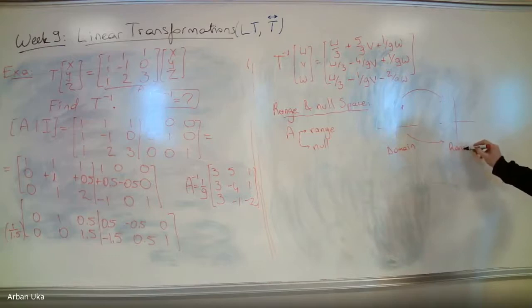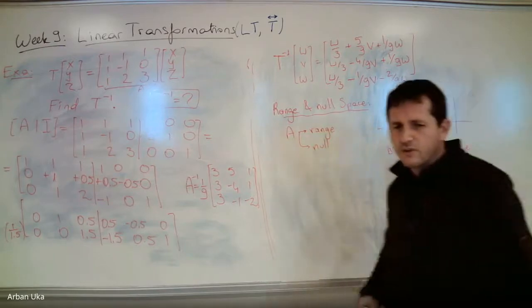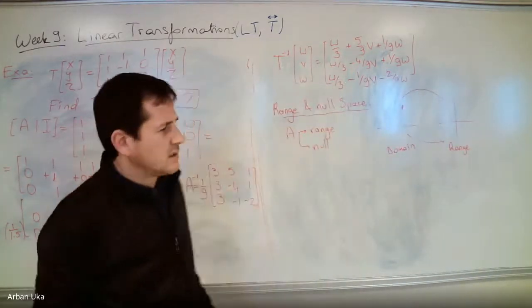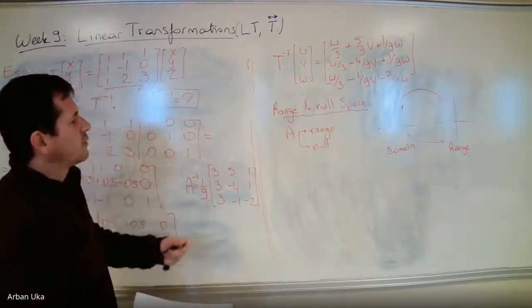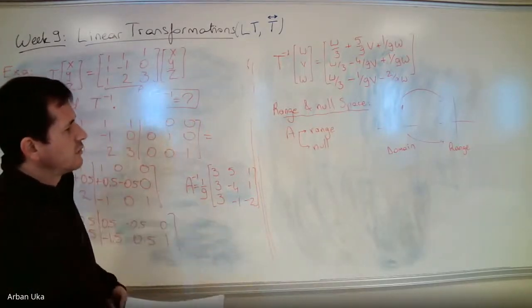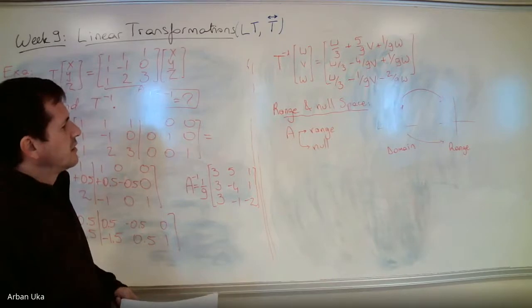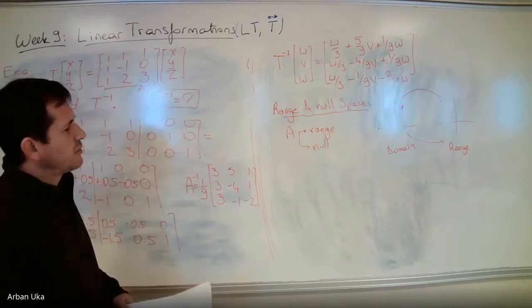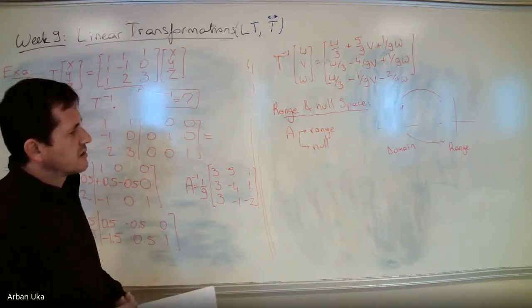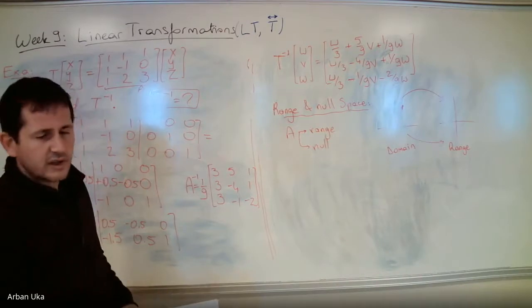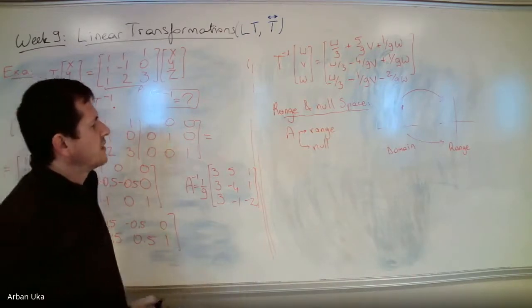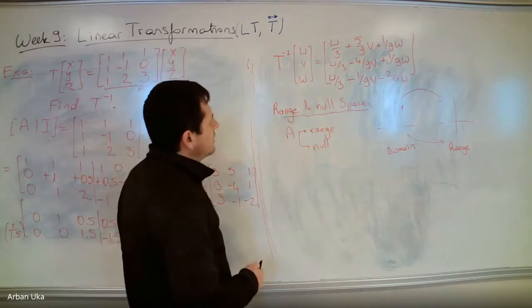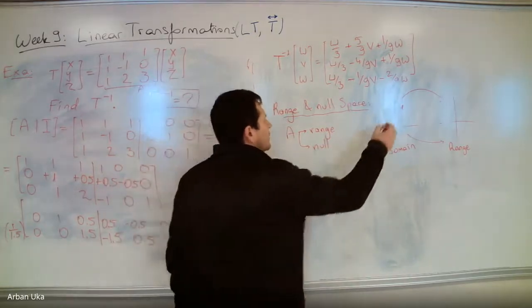So the range is the union of all the points which are obtained after we apply the matrix A. So this much we do remember. And the null space is probably a smaller domain, smaller than the whole range, because actually the null space is located here.